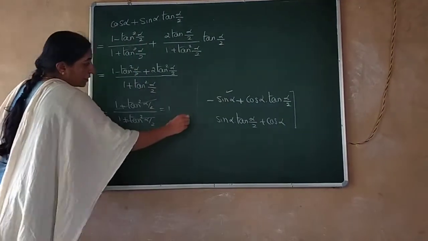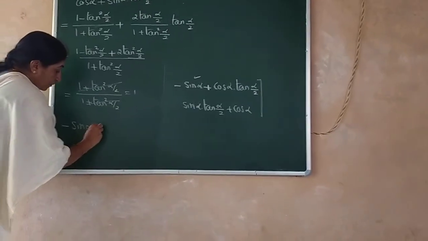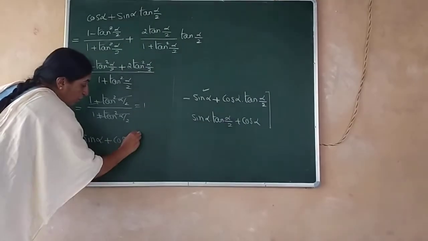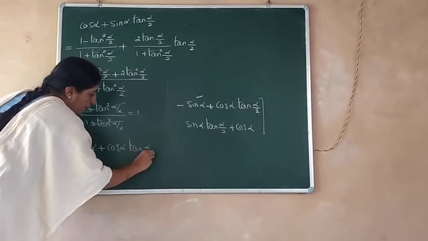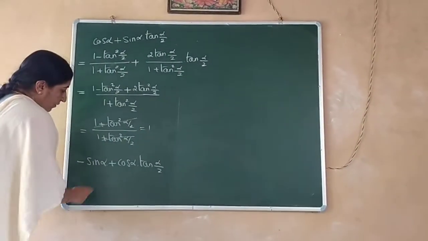Now I am moving to the second one: minus sin alpha plus cos alpha into tan alpha by 2. This also we have to convert in the form of tan.